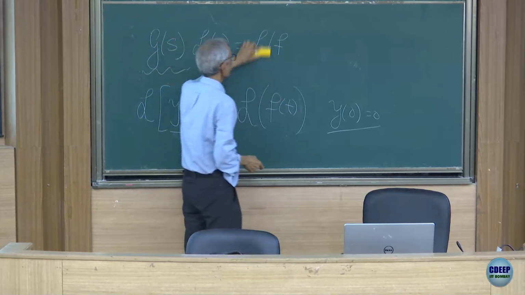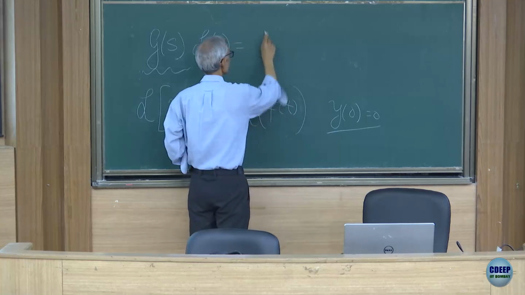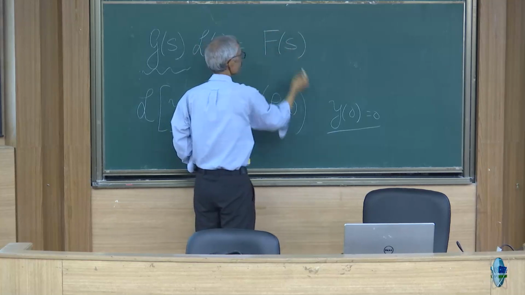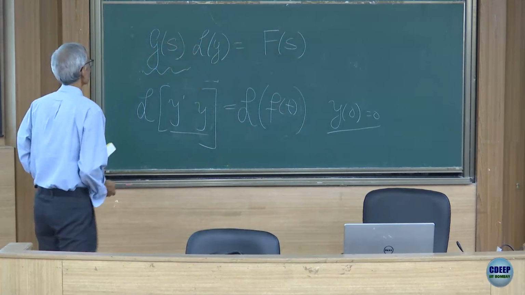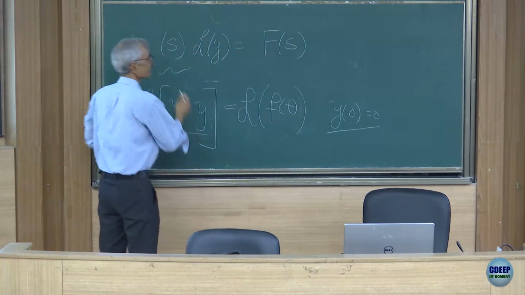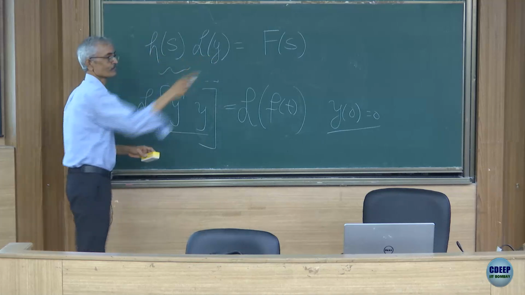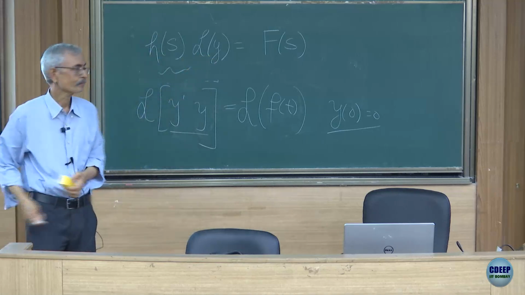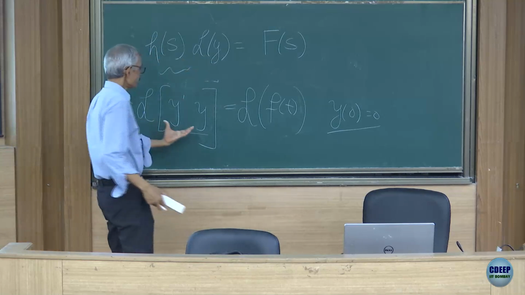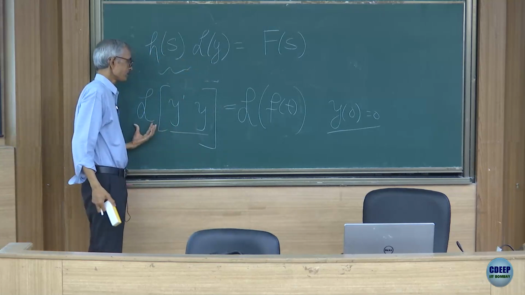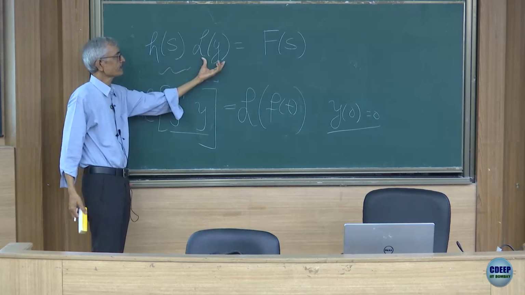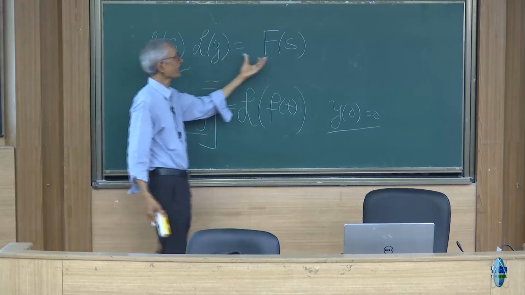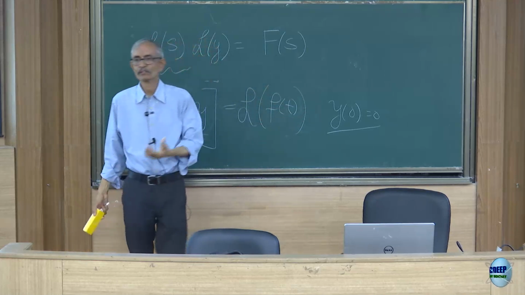which is L of f, and let me just say that this guy is some function of s, so we are calling it an f of s. Okay, so we'll call this h of s to be consistent with what is there. Whatever is there here, I'm taking the Laplace transform, I'm calling it h of s, and then there's going to be a Laplace transform of y, which is going to be equal to f of s.